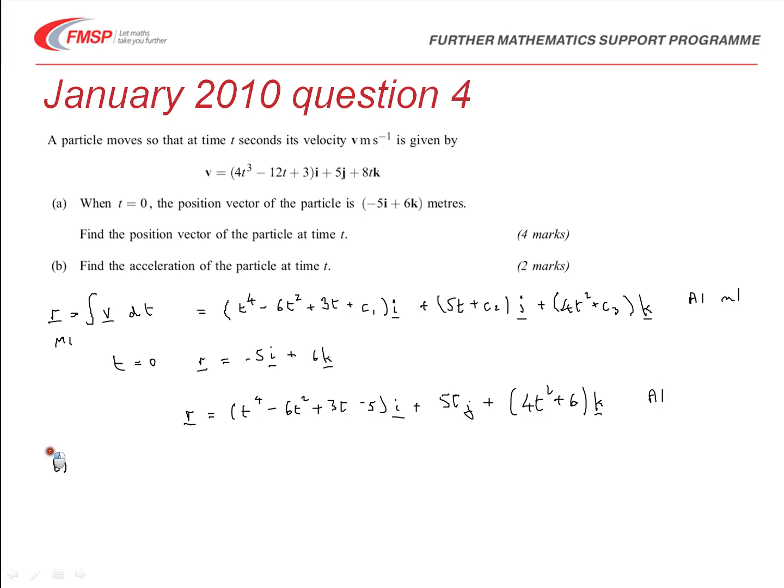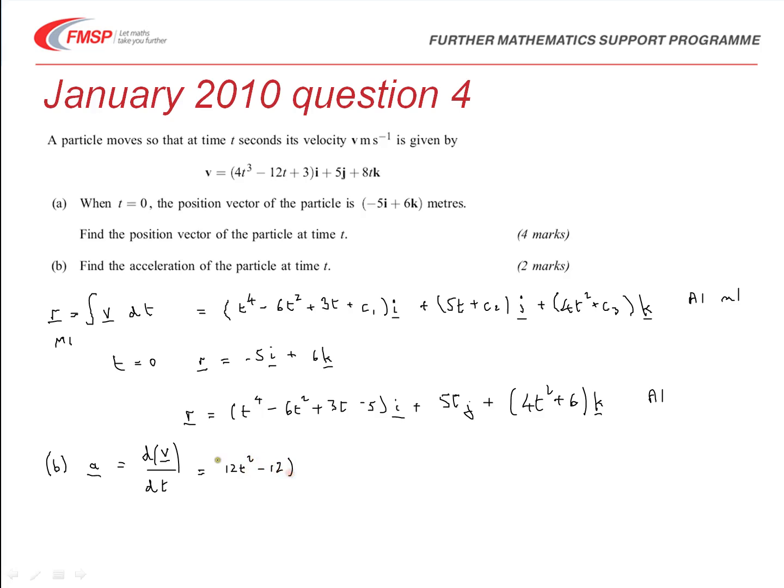Moving on to part B, they ask you to find an expression for the acceleration, so you need to remember that for acceleration you need to differentiate that velocity vector with respect to time. So again we differentiate the separate components. So the differential of 4t cubed is 12t squared. The differential of minus 12t is minus 12.